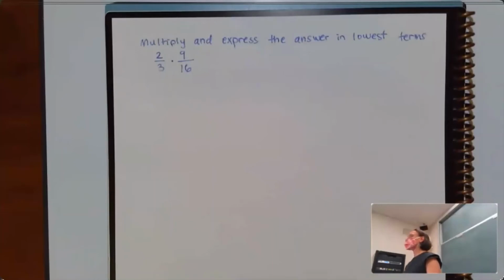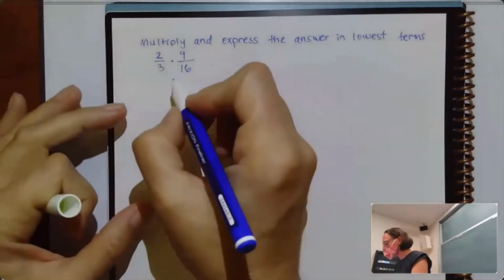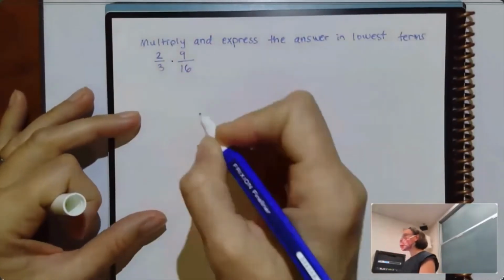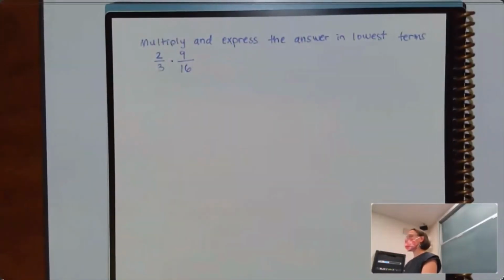I am going to do this in crazy slow motion. This is not actually how I would do the problem, but here is one way that gets at the math behind what's going on. The first thing I'm going to do is what's called prime factorization. I am going to break everything apart into its smallest bits of multiplication.